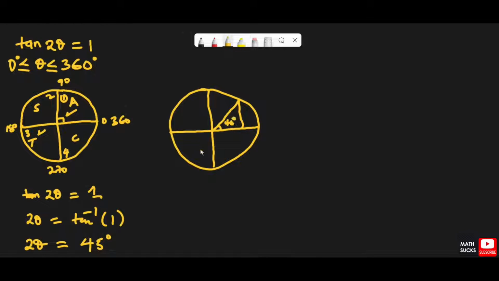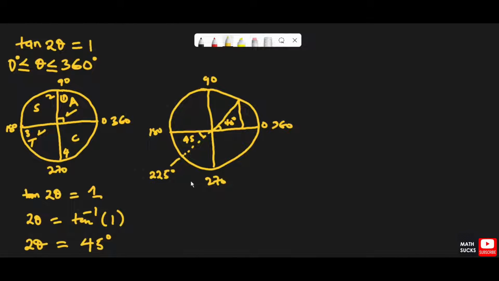We already know that the second position where tan is positive is in the third quadrant, and this angle is also 45. So if this is 0, 90, 180, 270, 360, this possible angle here is going to be 180 plus 45.